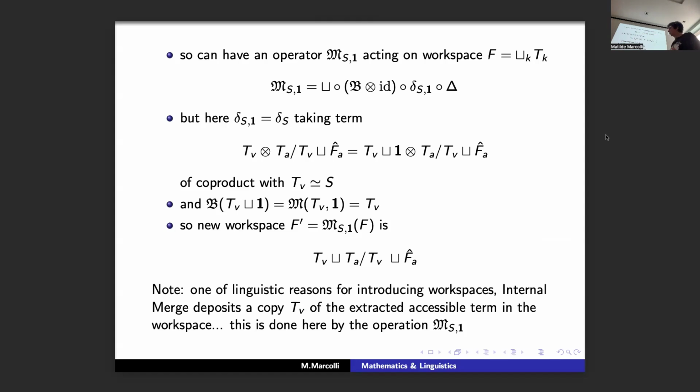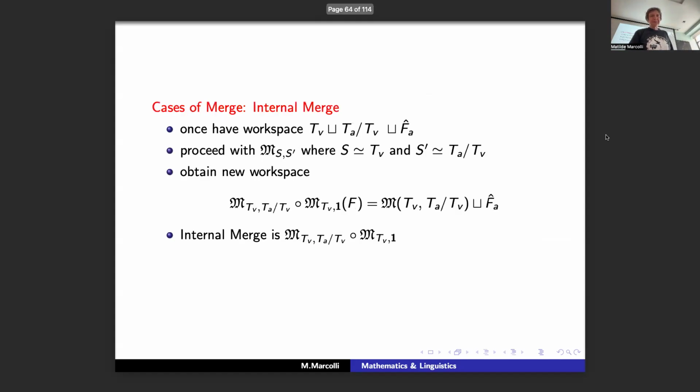And so in a way, however, you write it as this composition of two successive external merges, one of them with the empty set.